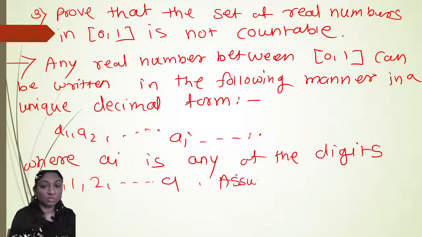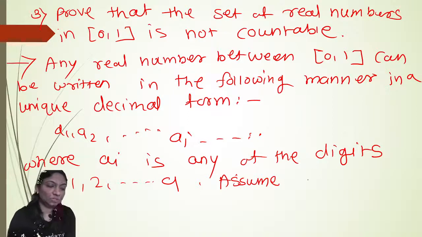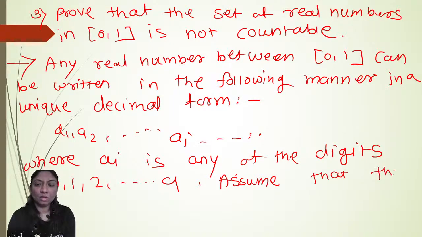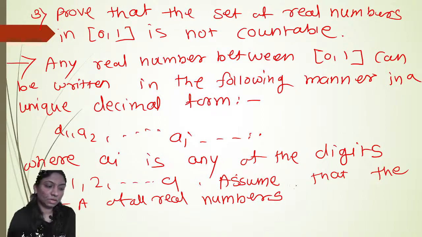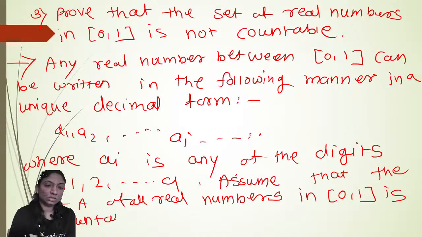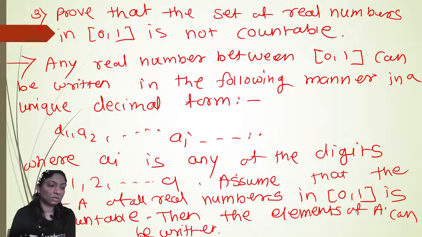We'll assume the contrary and get a contradiction, so that the set of real numbers in the closed interval [0, 1] is not countable. Assume that the set A of all real numbers in the closed interval [0, 1] is countable, then the elements of A can be written in a sequence.